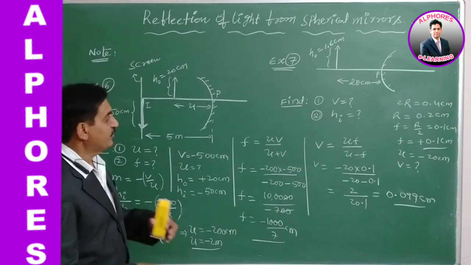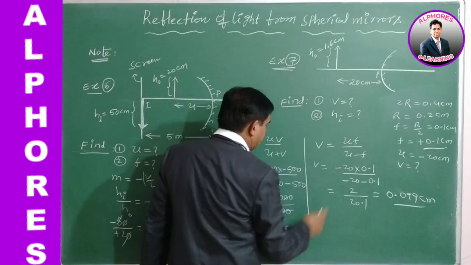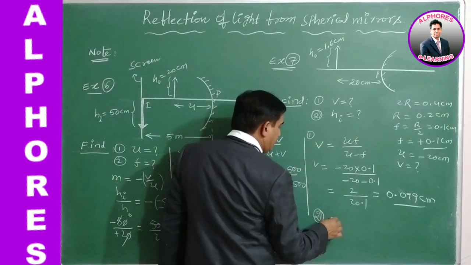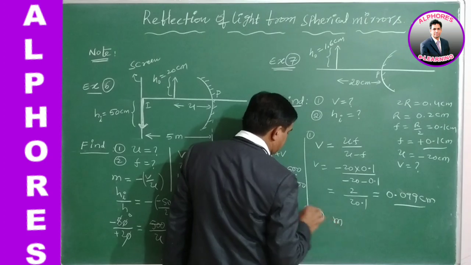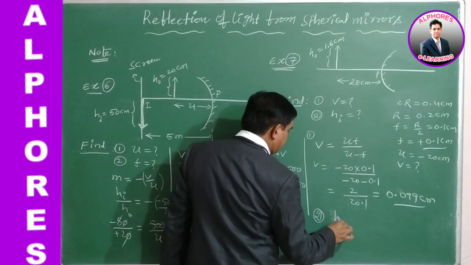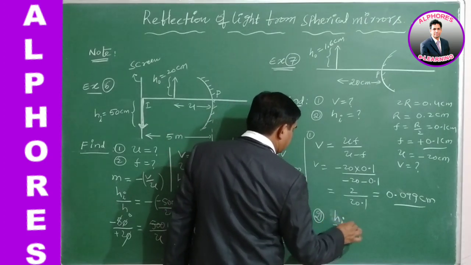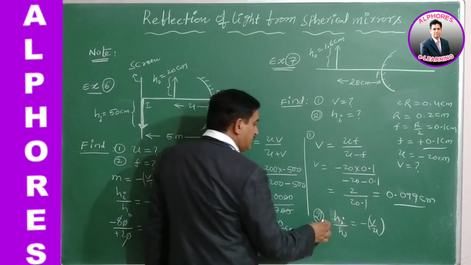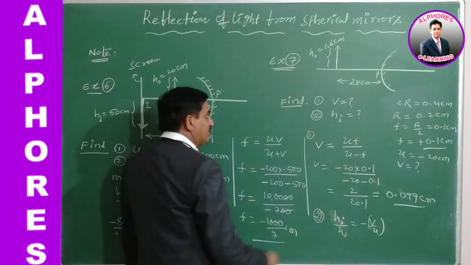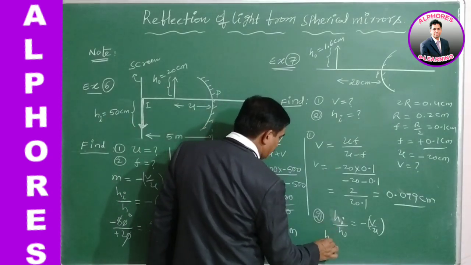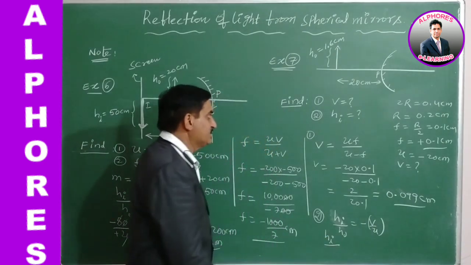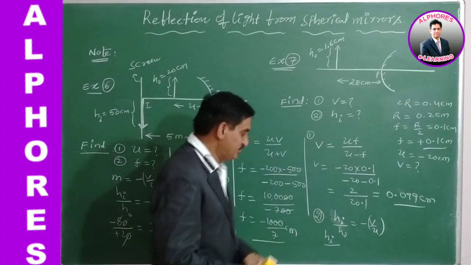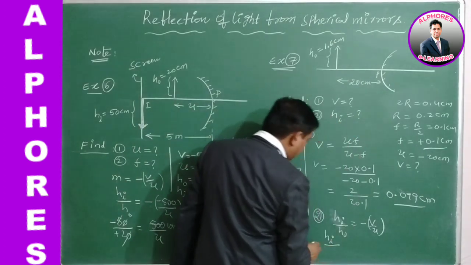Okay, next, let us go for one more question, that is the height of the image. The first question's answer is over. For the second question, the height of the image, we take the magnification: height of the image by height of the object equals minus V by U. This is the fundamental formula. The height of the image is to be calculated. Don't use the sign convention for it, because the question is to find the height of the image, therefore no need to use the sign convention for it.